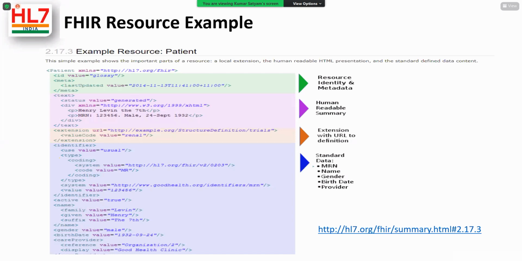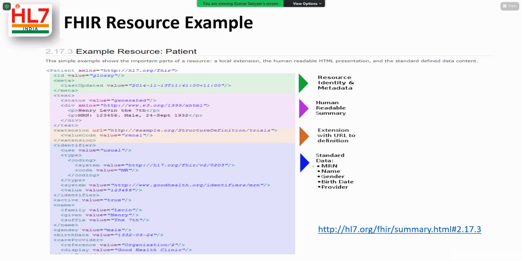Okay. So in short, resources are the basic unit of exchange. You can tell them as the units of importance or units of interest in healthcare. So anything that you think, for example, practitioner, patient, observation, these are all resources.